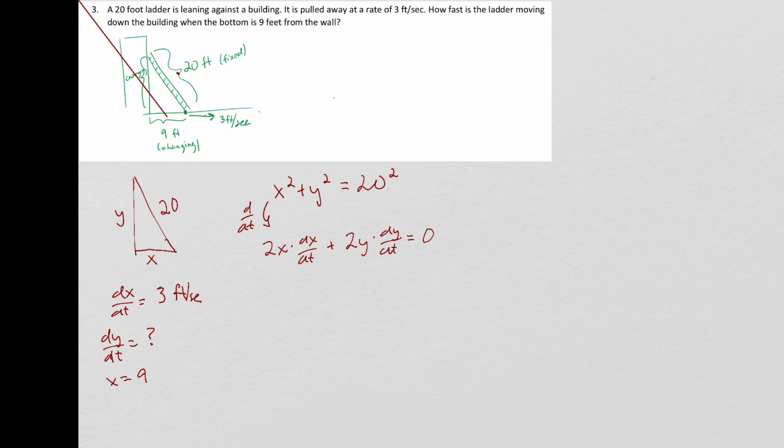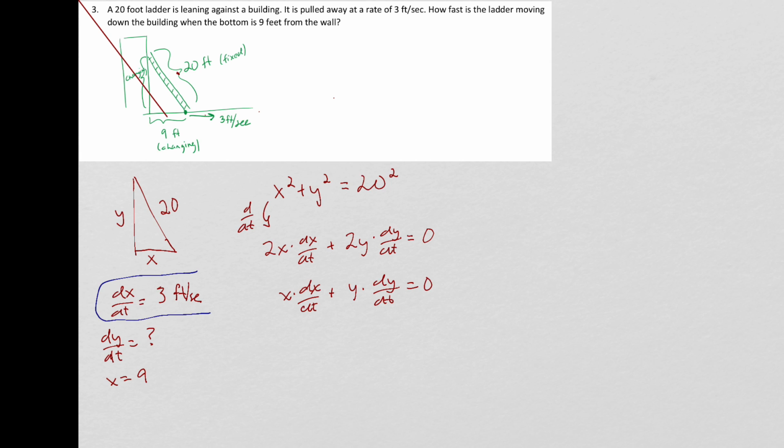So all I'm going to do now is just simplify this a little bit, divide everything by 2. I get x times dx over dt plus y times dy over dt is equal to 0. So here is where I think it's best to actually just go ahead and plug in what we know.